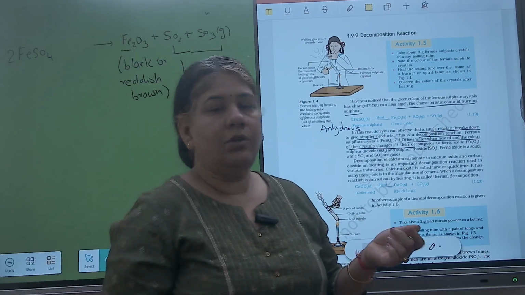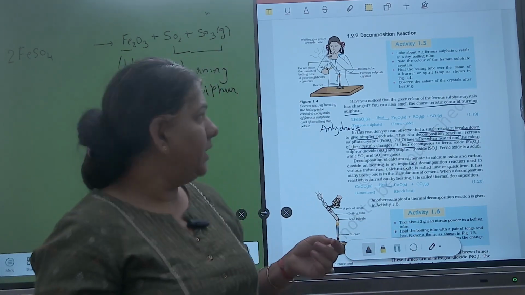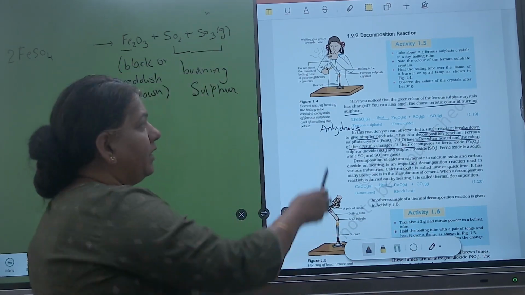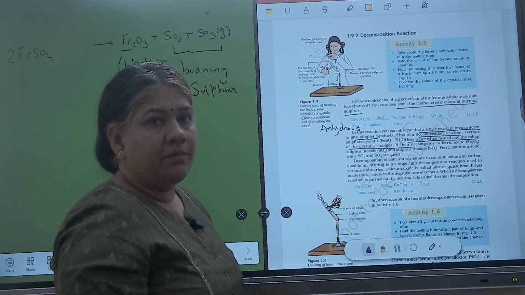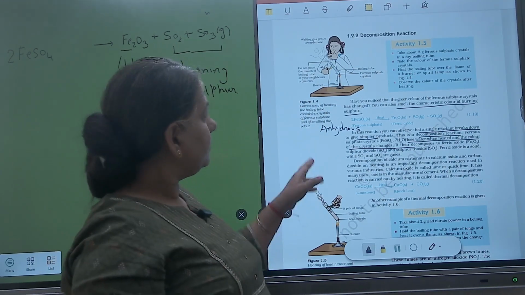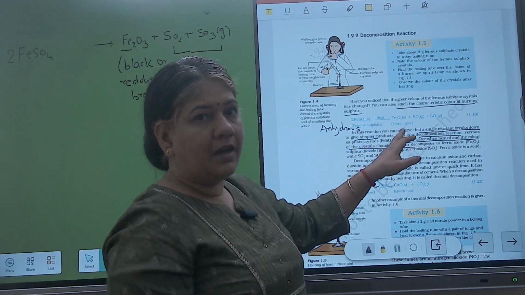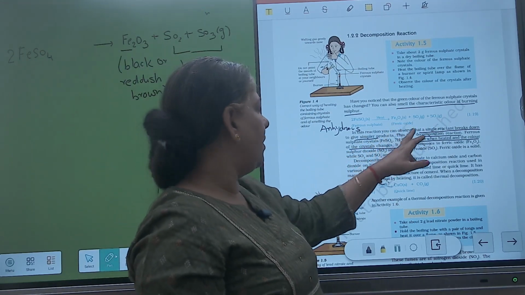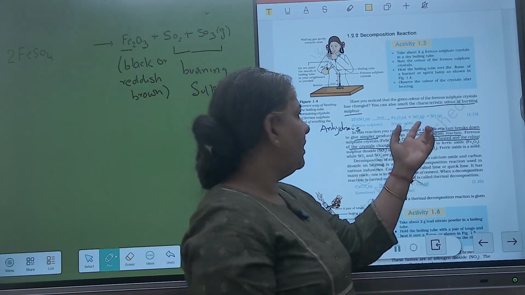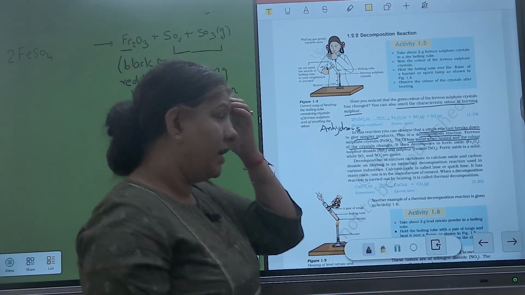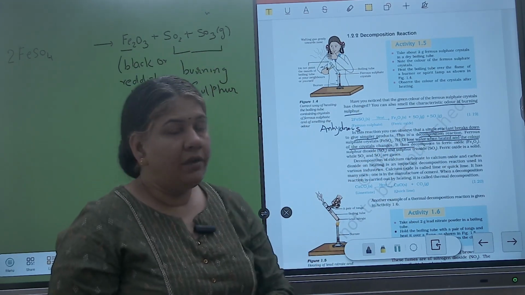Water is neutral to litmus paper, so it won't show any change. Then start heating it thoroughly. On further heating, we get the color change, final color change is brown, reddish brown, and you get these two gases which are detected by their peculiar smell.